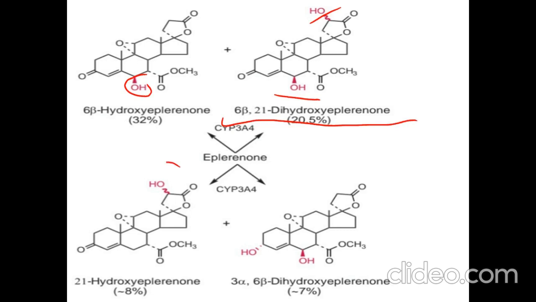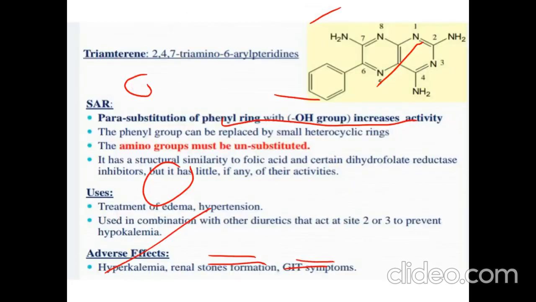Here also at the 21st position, or at the 3rd and 6th position. So in which way does eplerenone undergo metabolism? In these ways: hydroxylation at the 6th position, hydroxylation at 6 and 21 position, hydroxylation at only the 20 position, or 3 and 6 position.